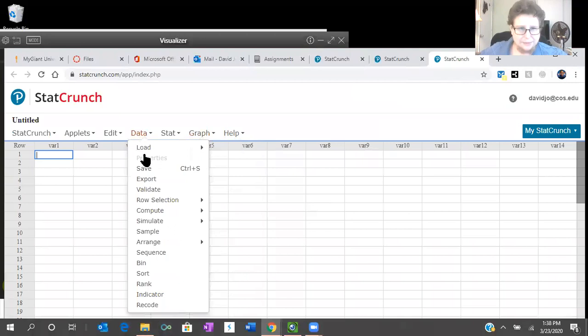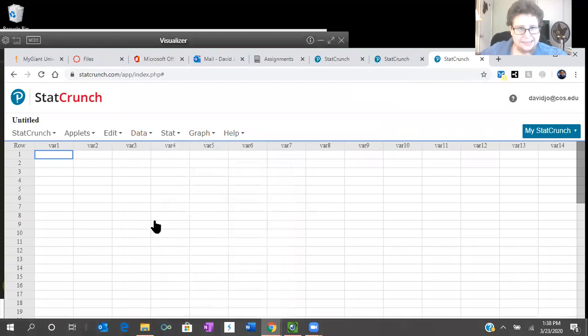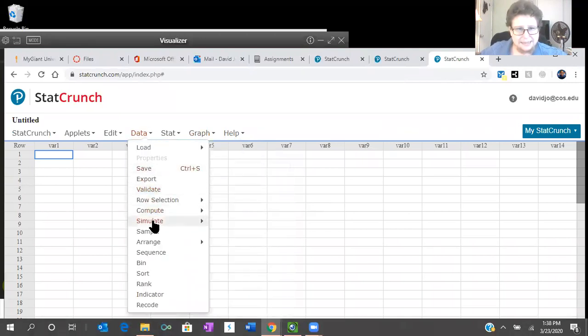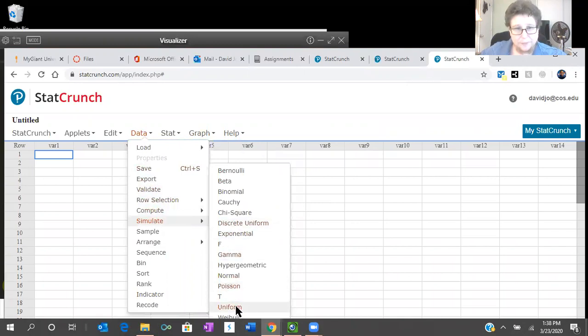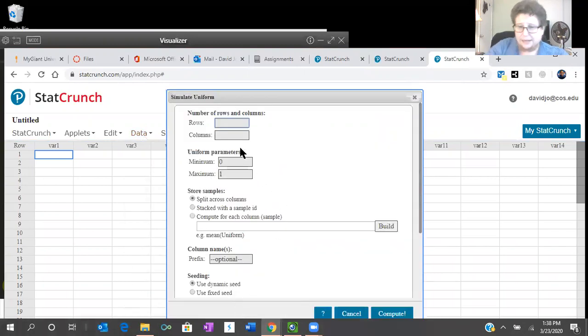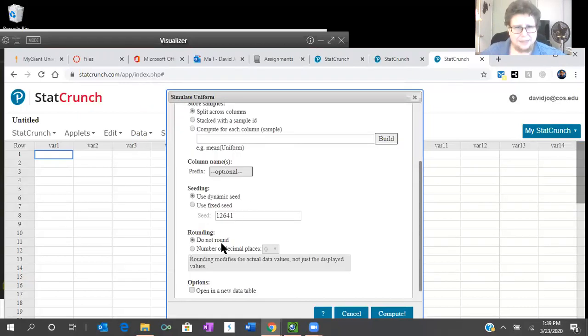All right, so the way I'm going to simulate this is I'm going to say data, simulate, uniform. I'm going to tell it I want 1,000 rows, 100 columns. The only way I can get it to go between 1 and 6 is to say a minimum of 0.5 and a maximum of 6.5, and then I'm going to tell it to round.